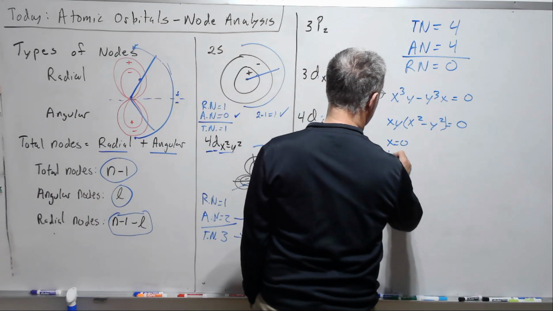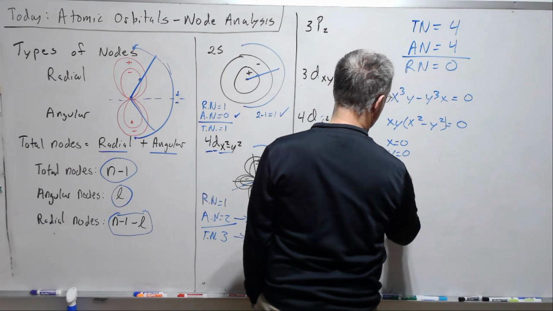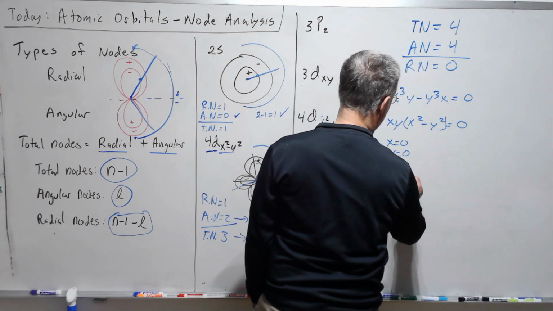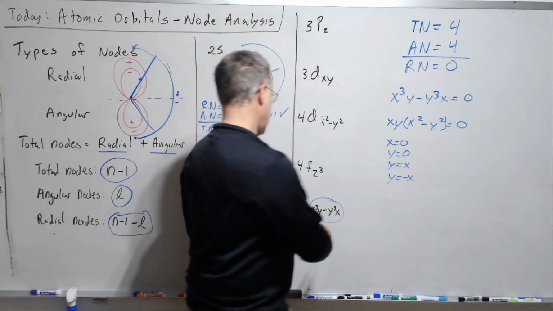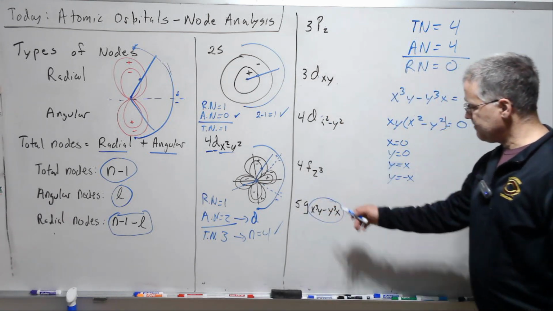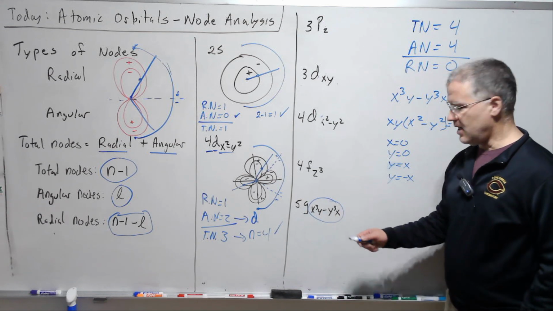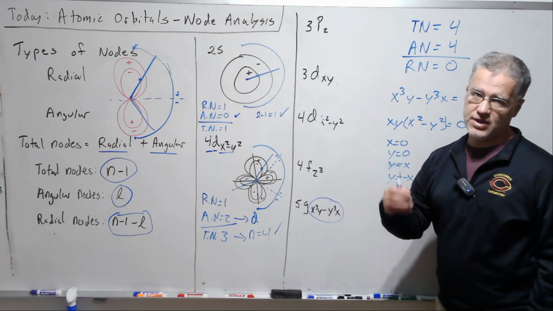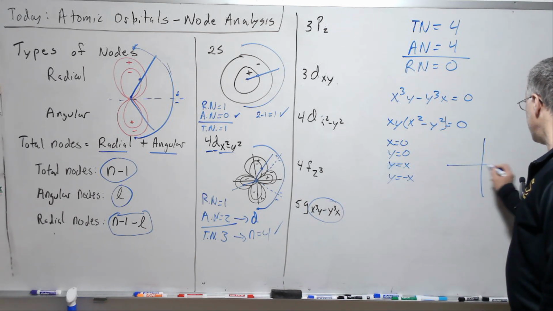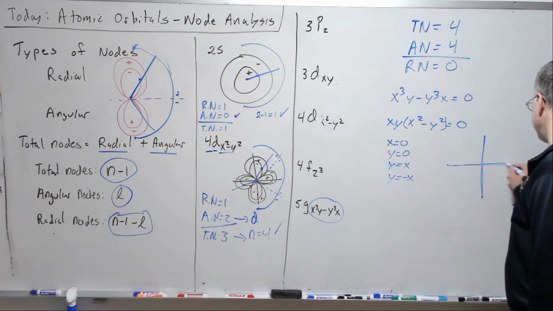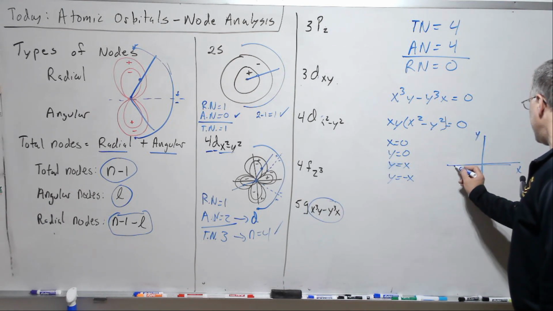X equals 0, y equals 0, y equals x, and y equals minus x. Okay. This is all in the xy plane. Now it needn't be. There are going to be some g's where it's going to have z's in there, and then you would have to draw the 3D picture. But here we can get away with just drawing this one in the plane. So here's y, x. So y equals 0.